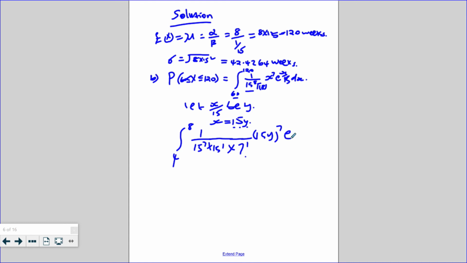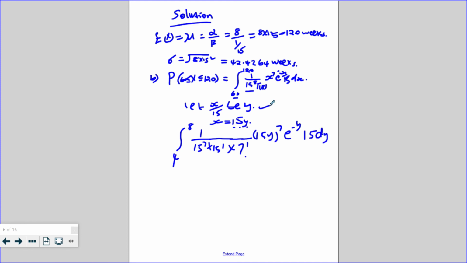Actually this was negative x, and therefore it is negative y dy. But even dy, we can substitute, because instead of dx, it is 15 dy from here.